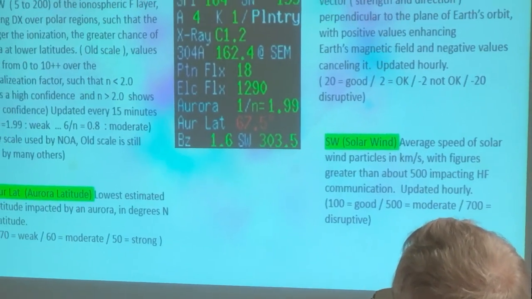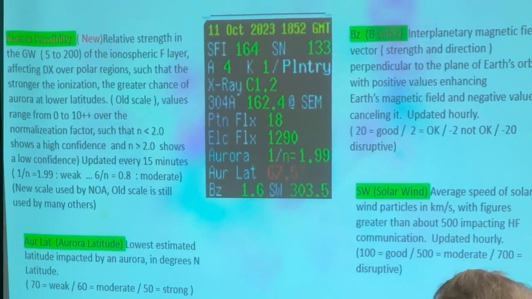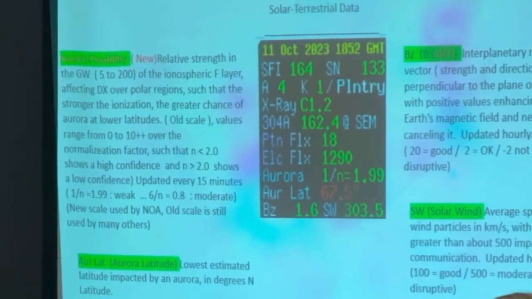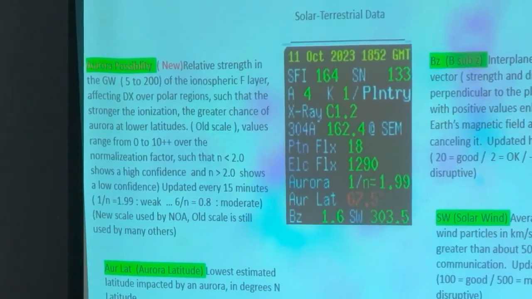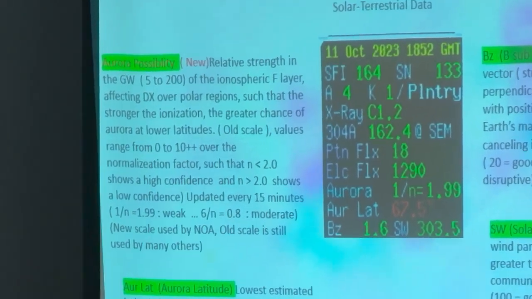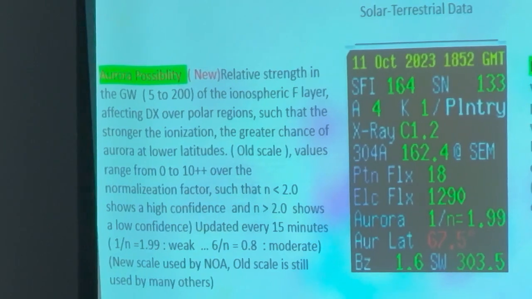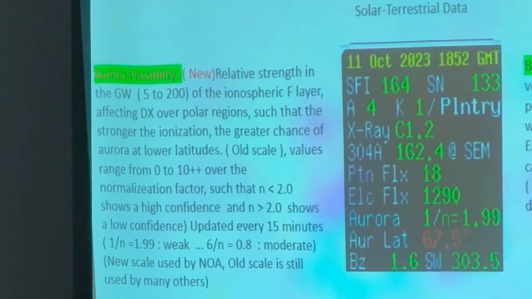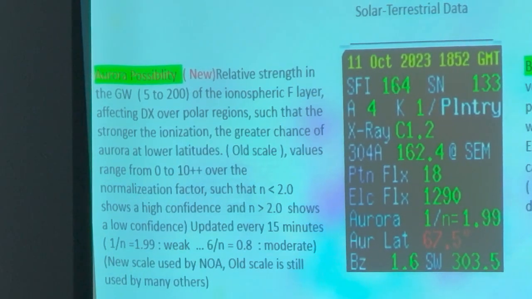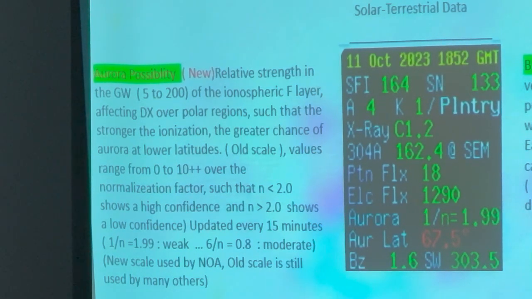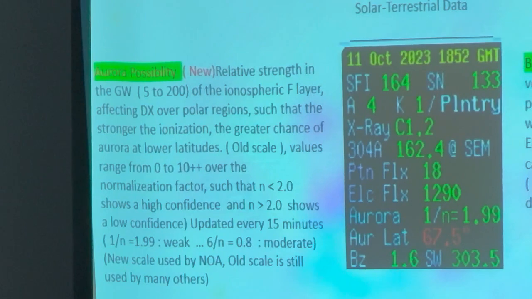Now here we have the aurora possibility. The aurora is this thing that everybody wants to go up north and view. And they have some very pretty pictures on spaceweather.com of some of the auroras.